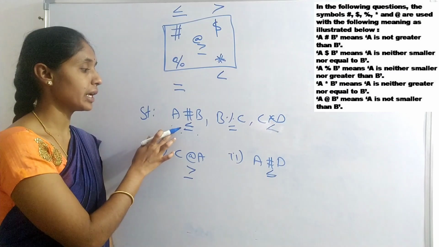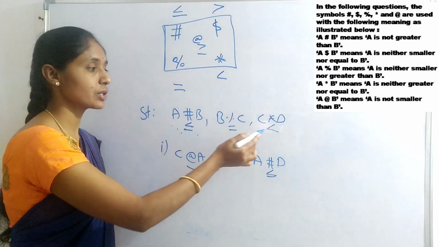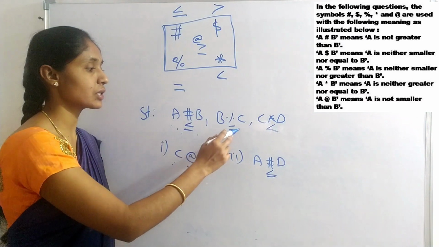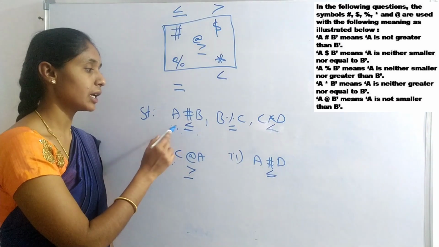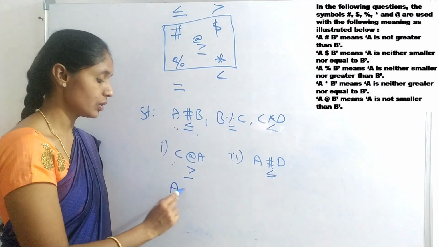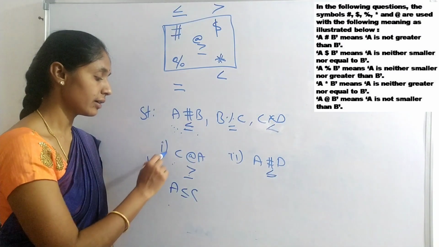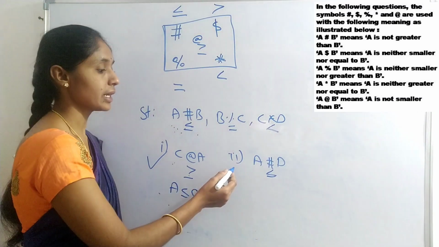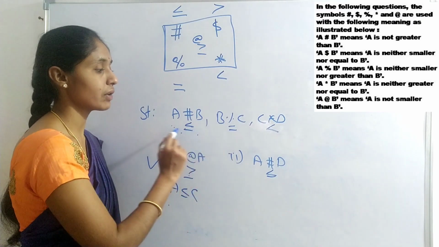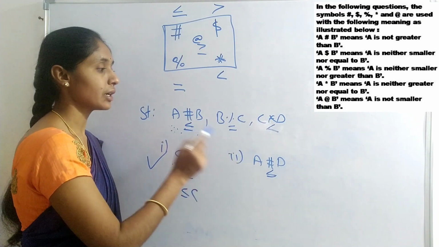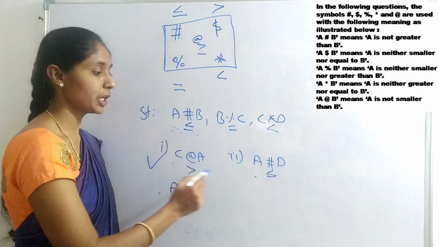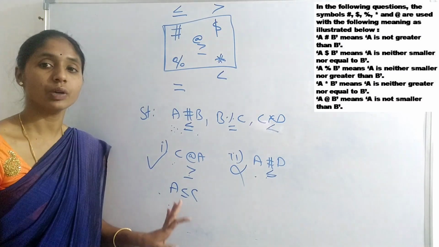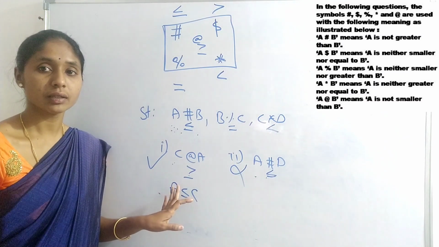From the given statement, A less than or equals to B equals to C less than D. First conclusion, C greater than or equals to A. From this we can conclude A less than or equals to C, so directly we can write it as C greater than or equals to A. Then second conclusion, A less than or equals to D. Here we can conclude A less than D as correct, but here A less than or equals to D, so conclusion 2 will not follow. Only conclusion 1 is true for this question.